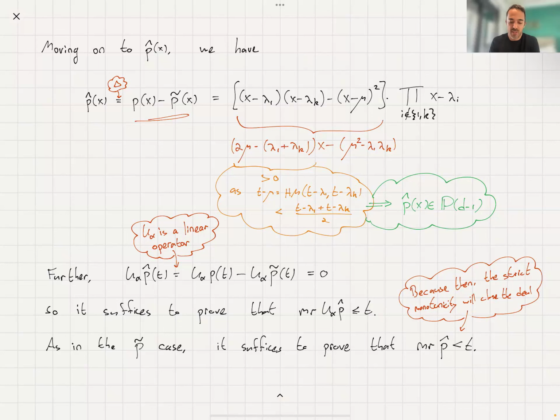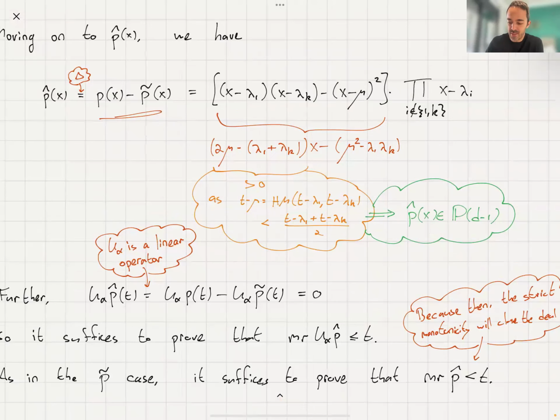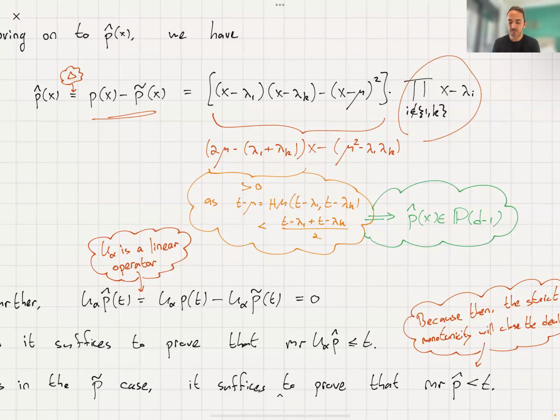Subtracting these two polynomials, this part is common to both, and this is not, right? So P has this factor and P tilde has this factor. Mu appears twice, and in P you have lambda 1 and lambda k each. And if you open this up, you see the x squared gets canceled, right? And the coefficient of x is this number here, 2 mu minus lambda 1 plus lambda k in brackets. And then there's this thing.